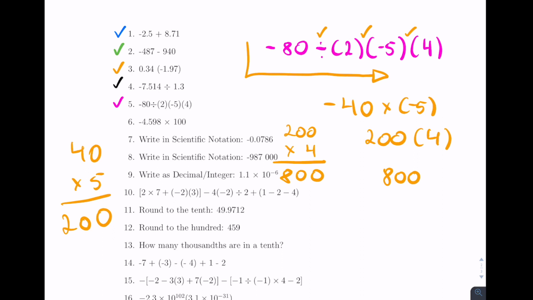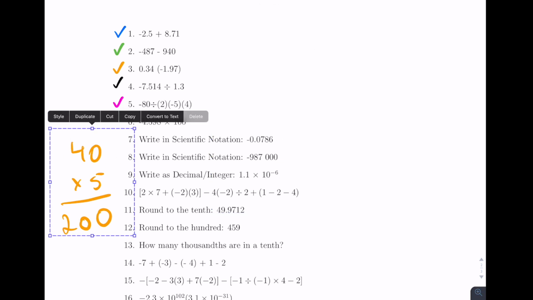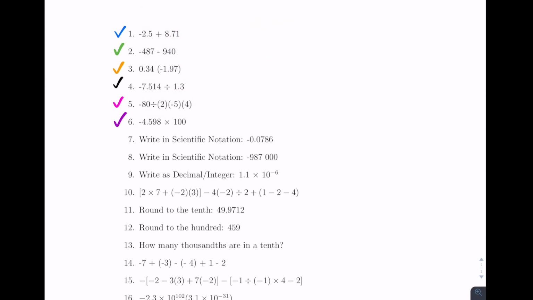Let's try question 6. We have negative 4.598 times 100. So this multiplication, we're actually multiplying by powers of 10, right? 100.